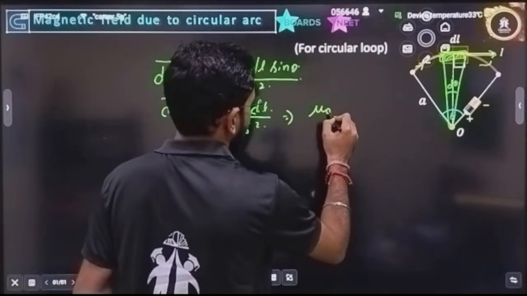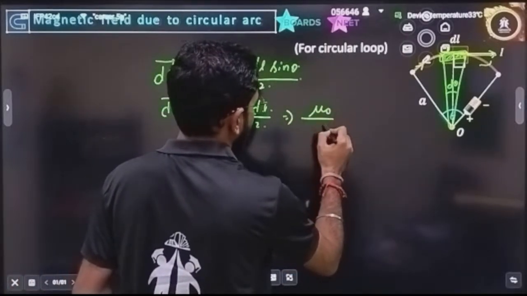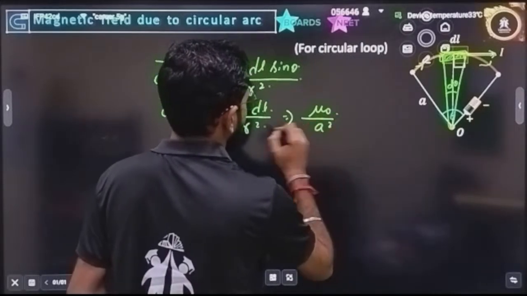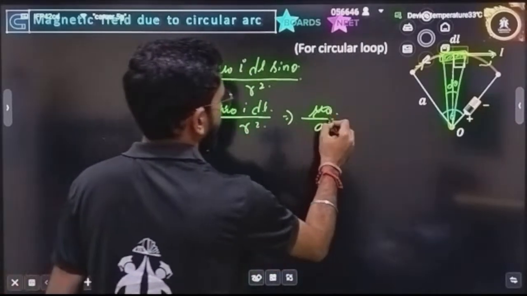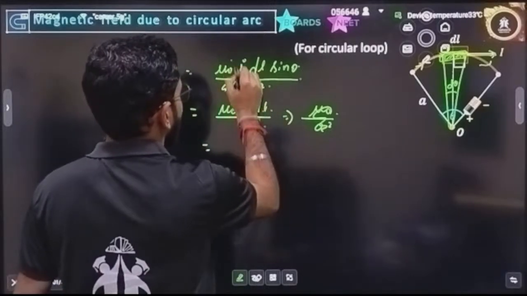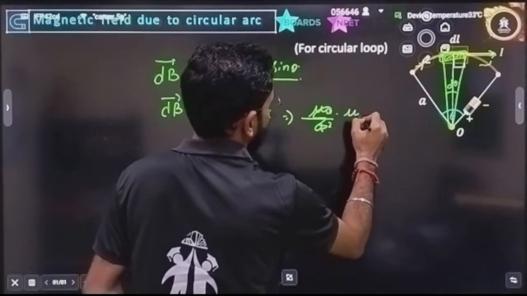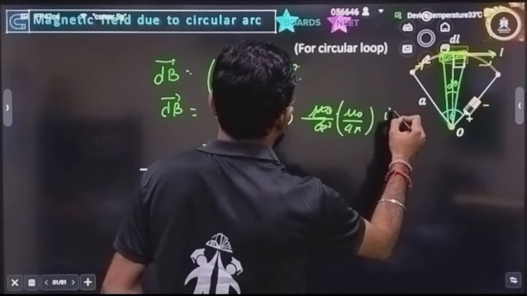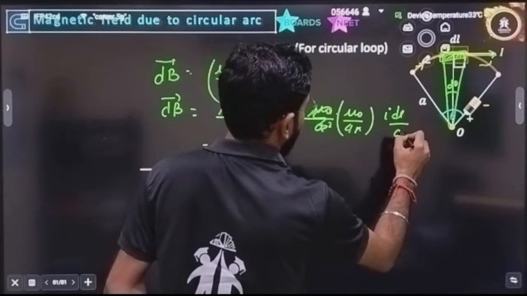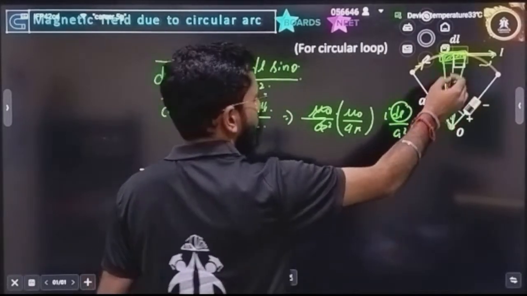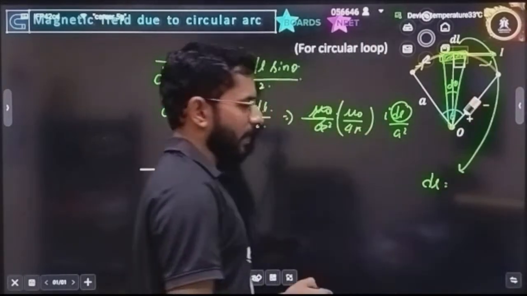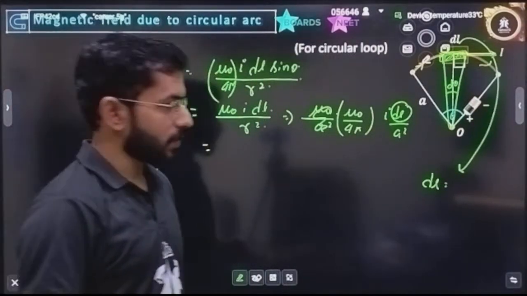That means you can also write mu naught divided by 4 pi, I into dl divided by a square. Now if I am asking you, what is the dl vector length? What is the length of an arc? If I am asking you the length of an arc, how will you tell me, students?